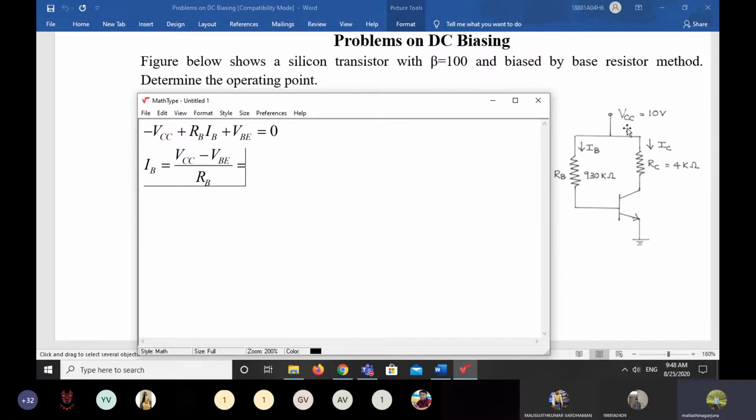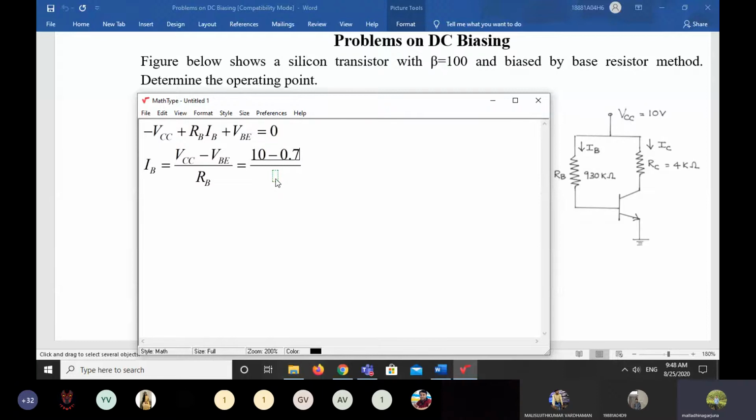From this, 10 minus VBE, which is 0.7, because it is a silicon transistor, as mentioned in the problem. If they mention a germanium transistor, you have to take it as 0.3. If they do not mention anything, by default take it as 0.7.